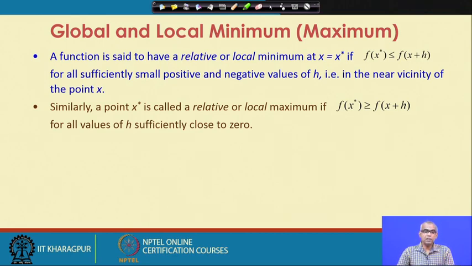Now, let us formally define what we mean by global and local minimum. The definition also applies to global and local maximum. We have mentioned in our previous lectures that the global optimal or the global minimum is the best minimum in the entire interval, and the local minimum is the best in the vicinity of the point we are talking about.